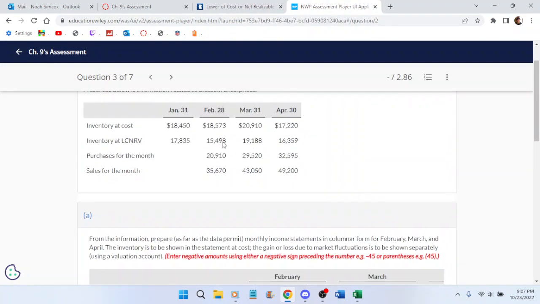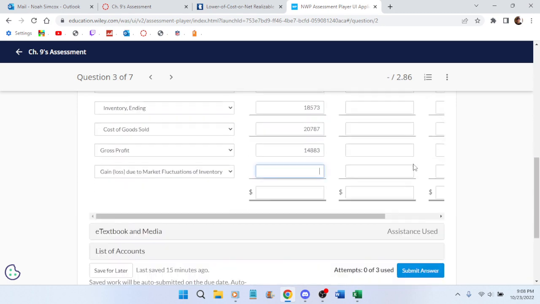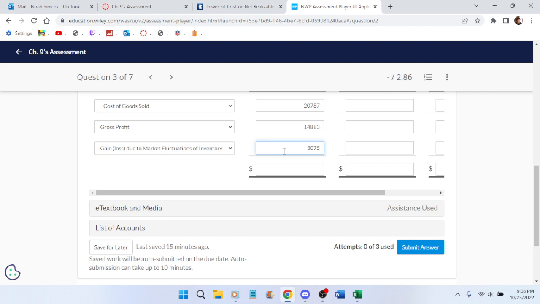The difference is these two numbers. 18,573 minus 15,498 is 3,075.